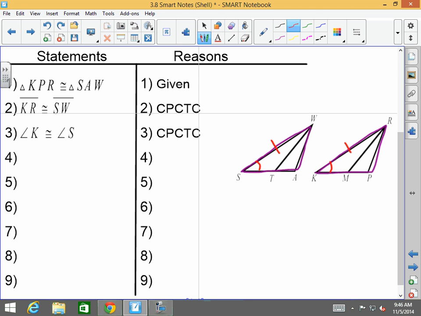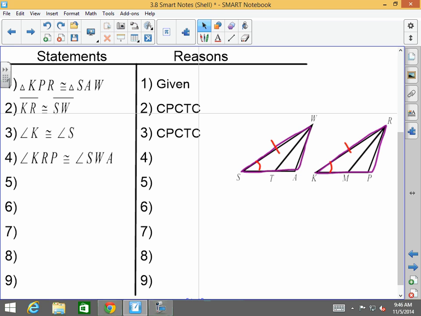Okay? Then I can also state that angle KRP is congruent to SWA also because of CPCTC. So KRP is congruent to angle SWA because of CPCTC.